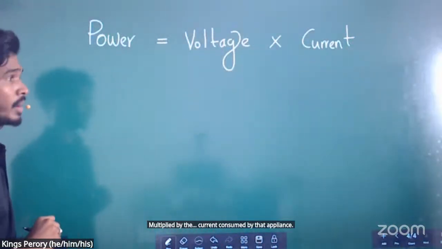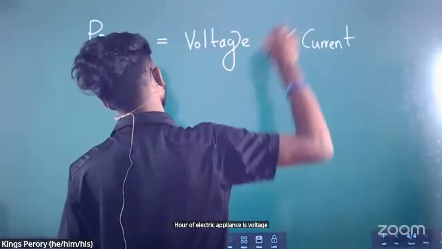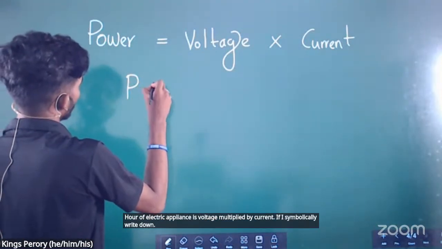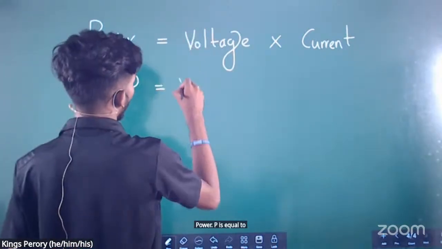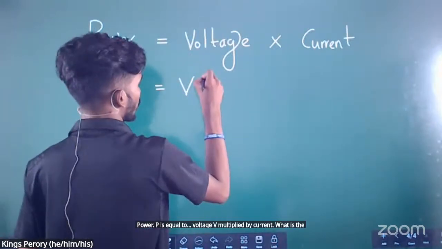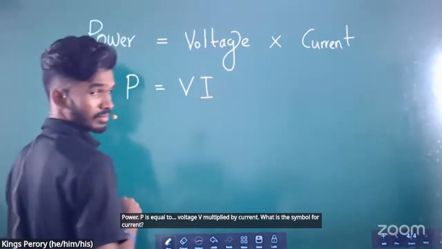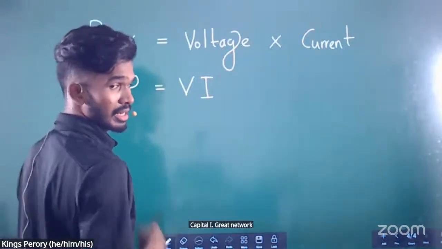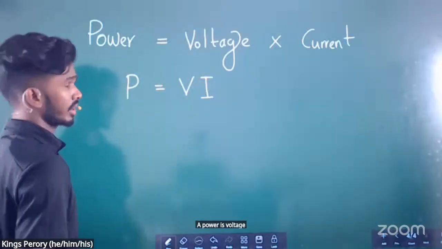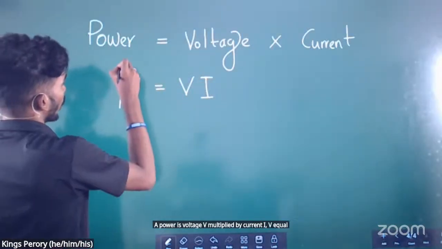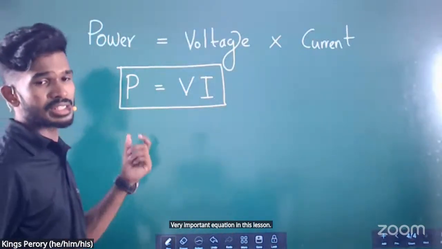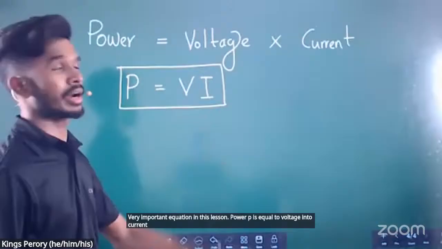If I symbolically write down power, P is equal to voltage V multiplied by current. What is the symbol for current? Capital I. Grade 10 work. The power is voltage V multiplied by current I, P equals VI. Very important equation in this lesson.